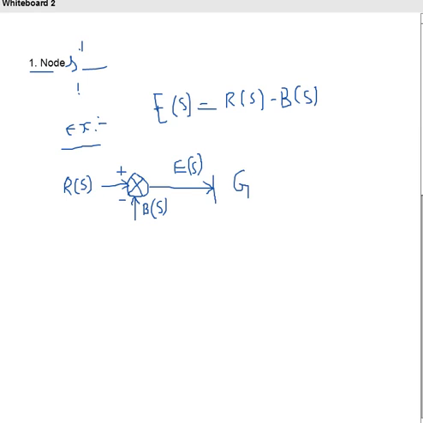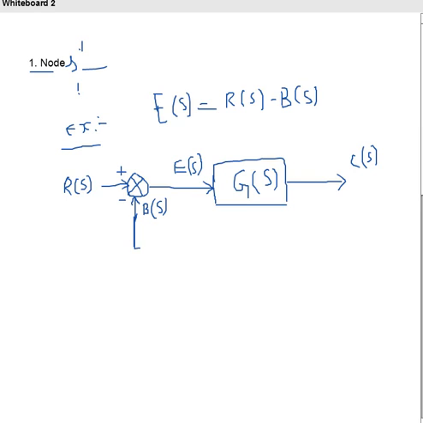This is the forward path transfer function, represented as G(S), and the output signal is represented as C(S). It is a simple closed loop system which has one forward block and one feedback block.